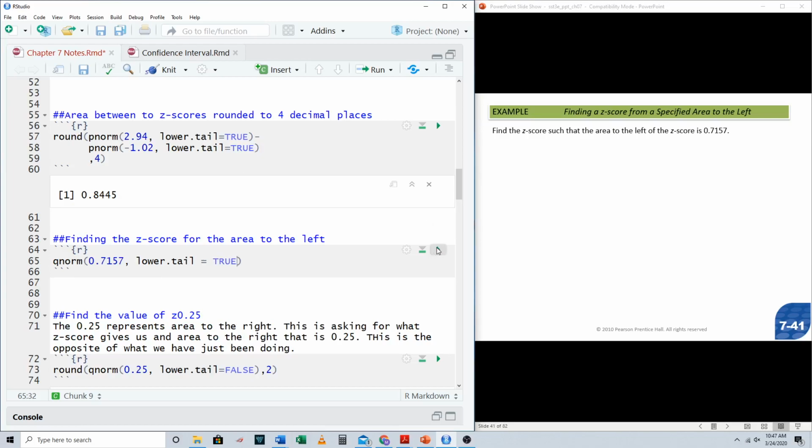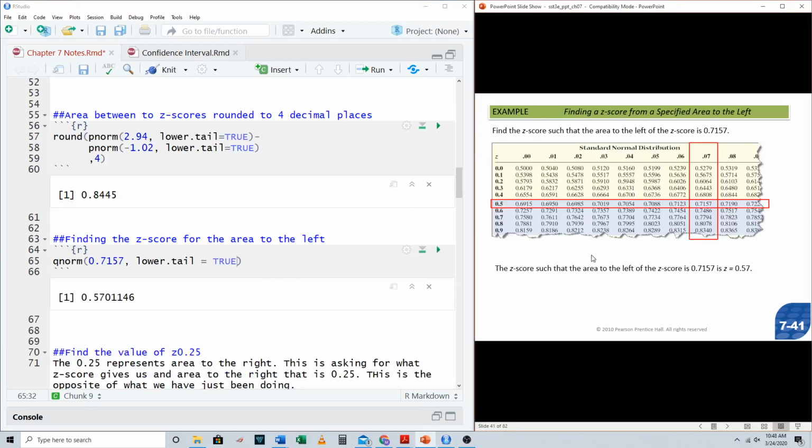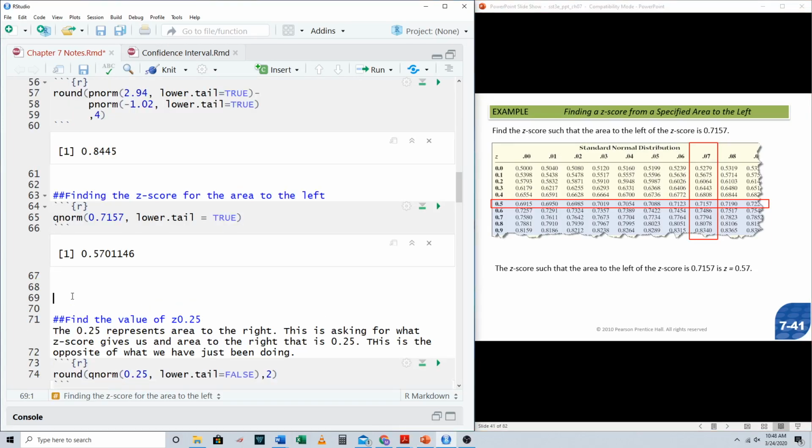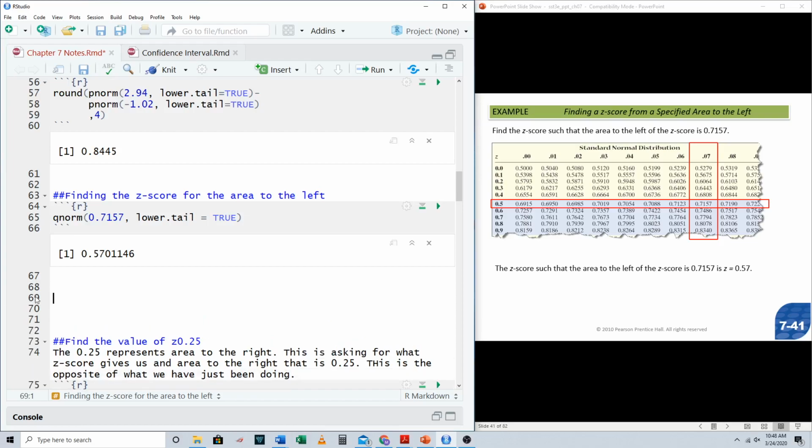All right, we're going to run that. So 0.57, and again, z-scores are rounded to 2 decimal places, so let's do our rounding.